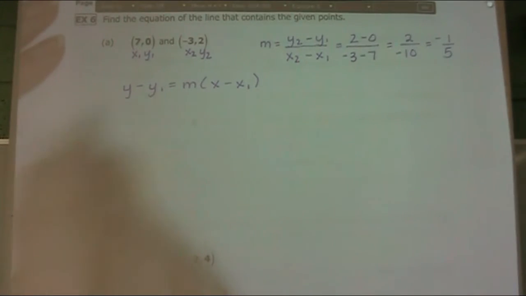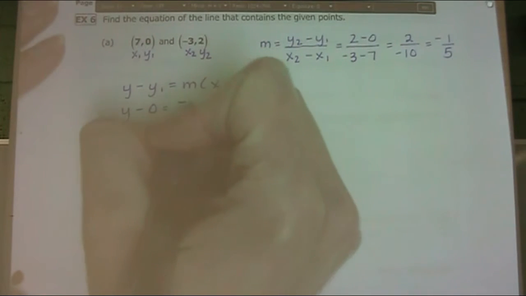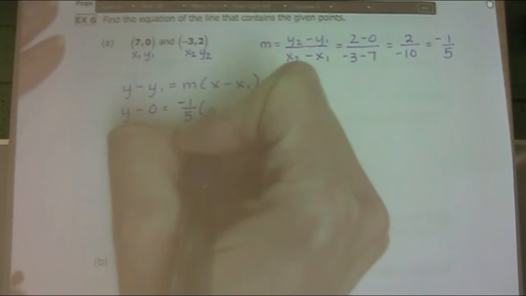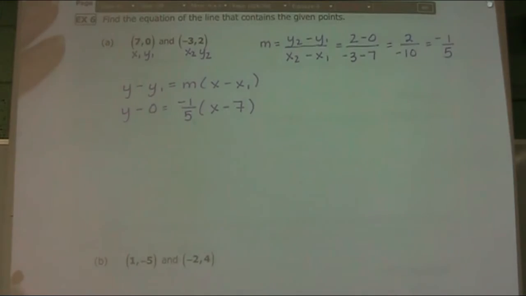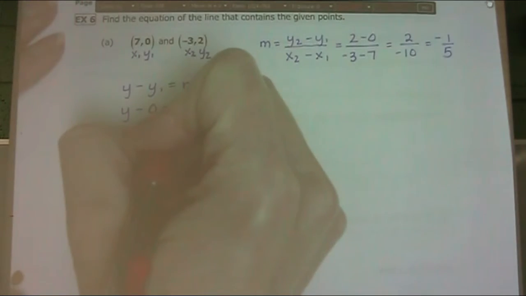So y minus y1 is actually y minus 0 equals negative 1/5 times x minus 7. Again, I'm not going to want to have fractions in standard form, so I'm going to get rid of them. I'm going to multiply both sides by the denominator, which is 5.